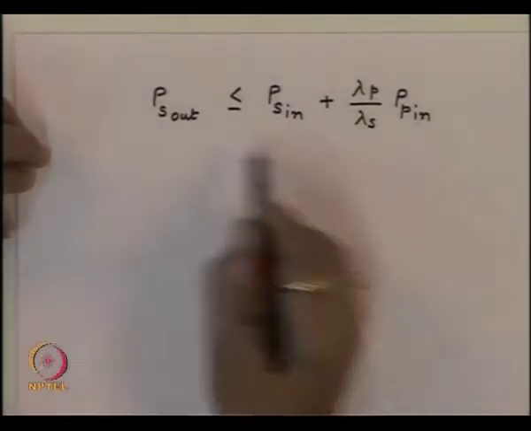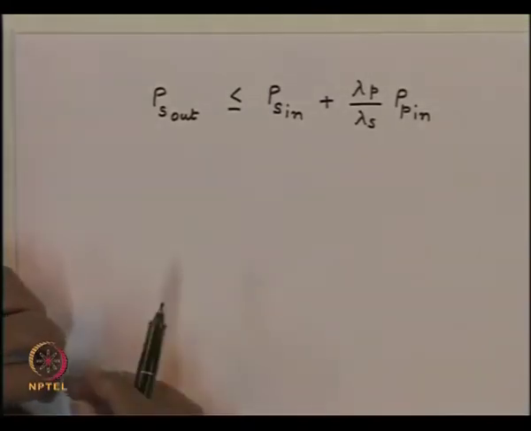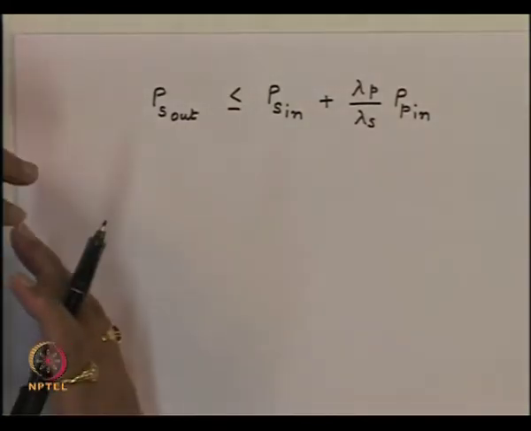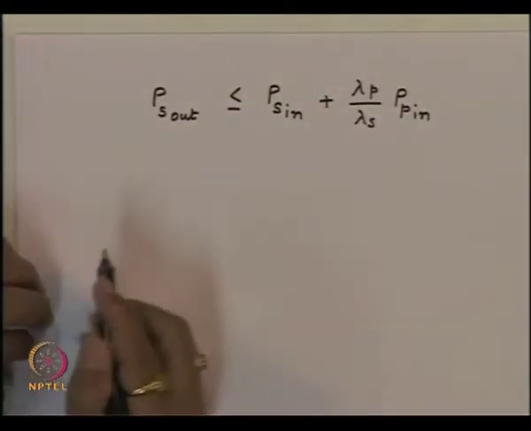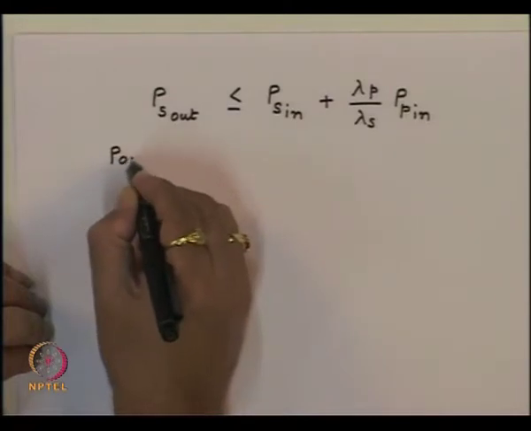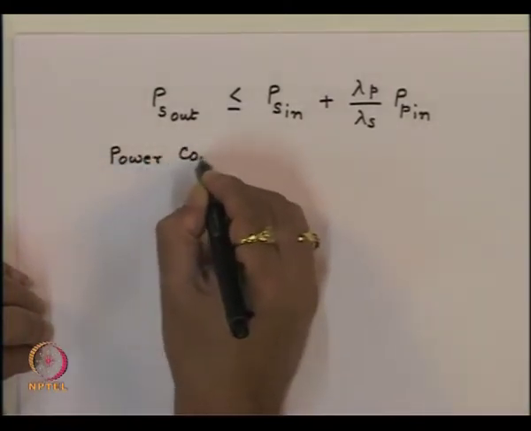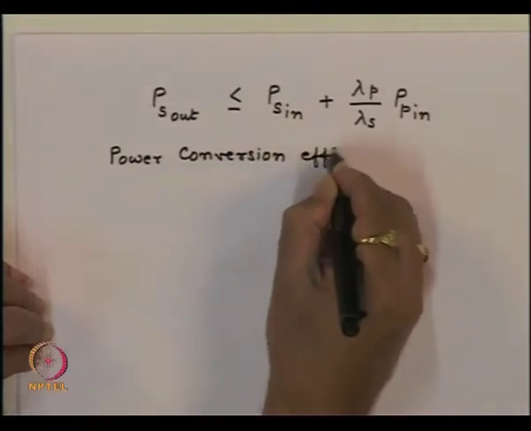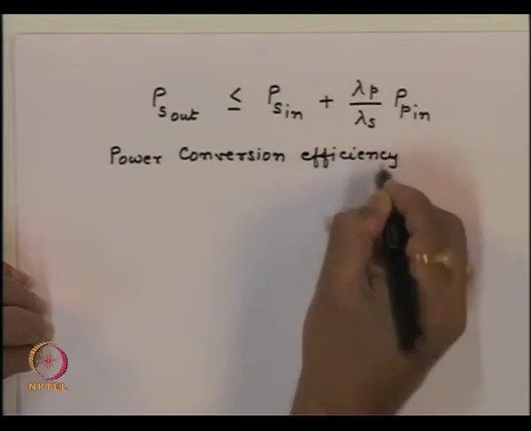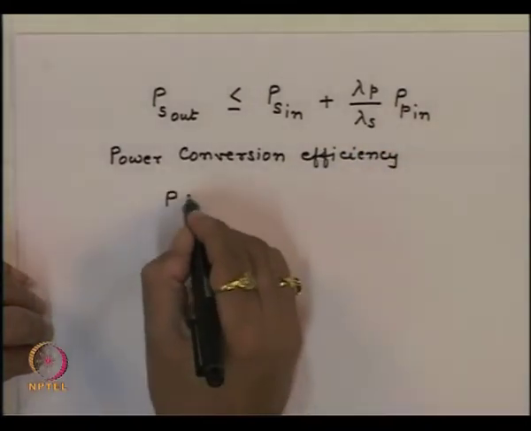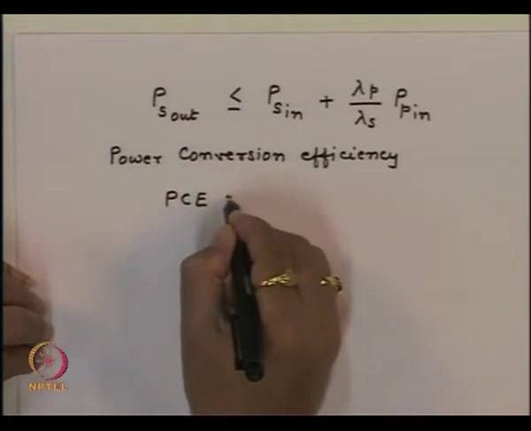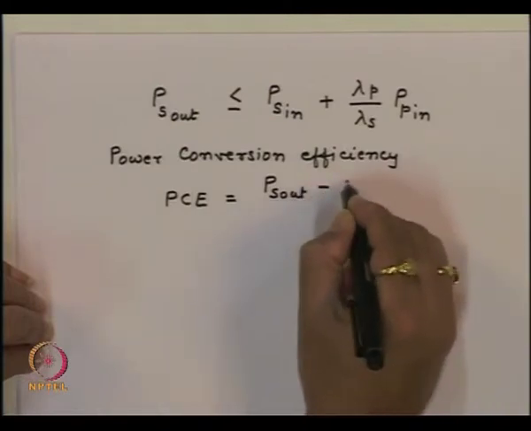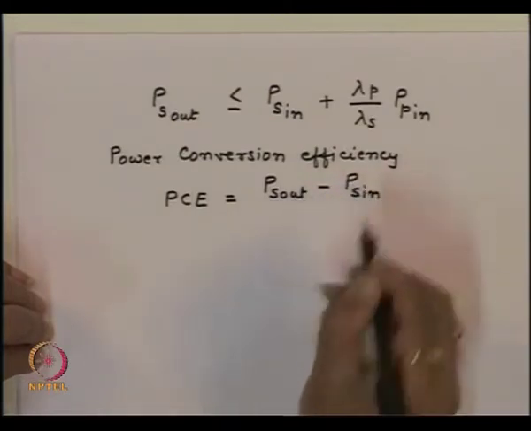Now the quantity of interest is the power conversion efficiency: for a certain power we have put into the pump, how much power could we extract from this into the signal. So we have a parameter for the amplifier called the power conversion efficiency, PCE, which is equal to the signal output power minus the signal input power.